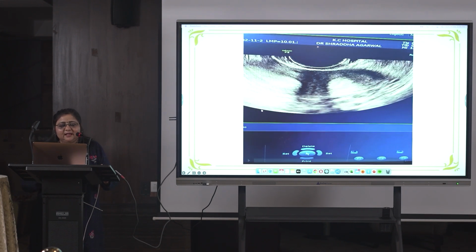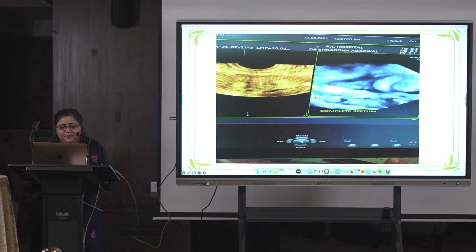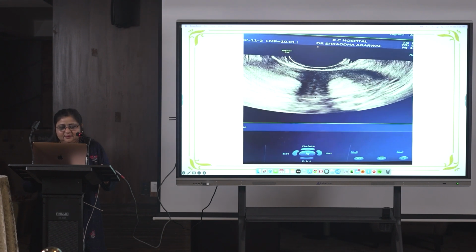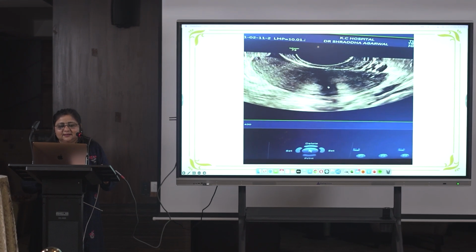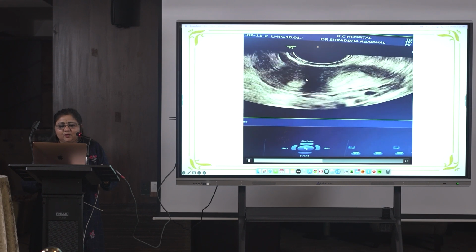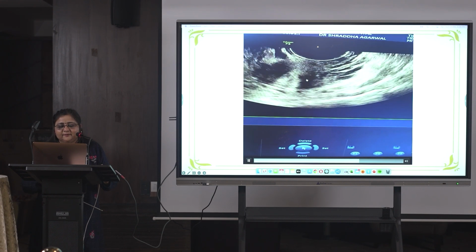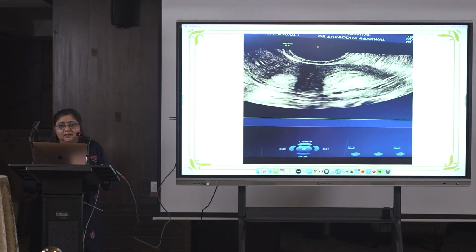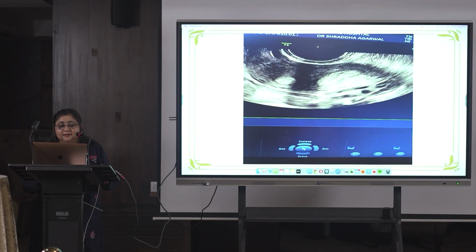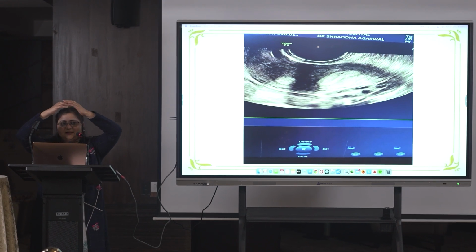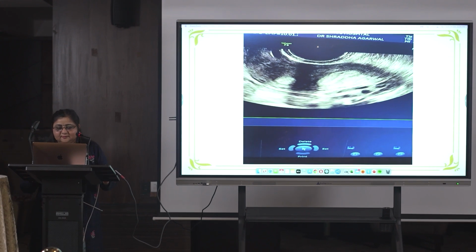One more thing: you can see a convex contour here, so that is also a clue. I'll play it again. You can see a fundal contour nicely. So fundal serosa like this is convex, and in biconvex, concave.